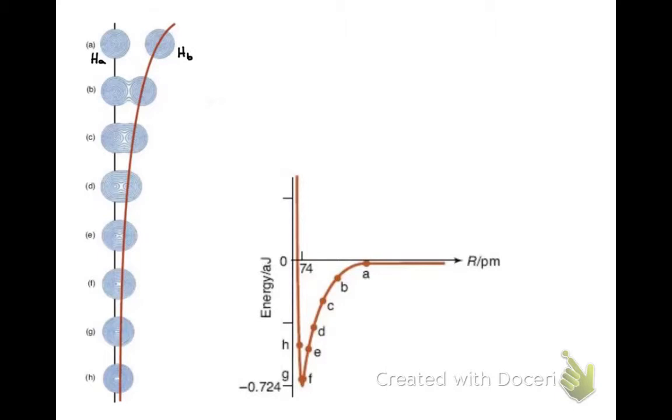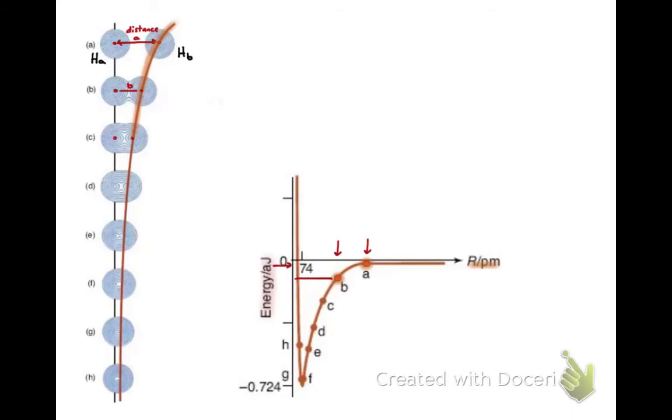However, if you place the nuclei closer together, we're starting here with the two separate atoms with a particular energy, not bonded, and then we show them closer together at a separation distance b, and then solve the Schrodinger equation for these two nuclei closer together, we get a new combined orbital with an energy shown here. So this is the separation distance, and that's the energy you would get.